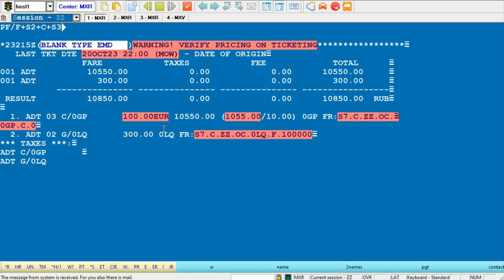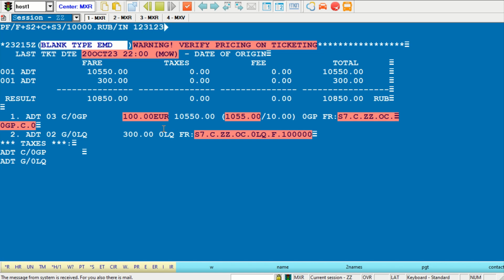Entry will be PF slash service type plus service line plus another service type plus service line slash 10,000 rubles slash code of form of payment, invoice and invoice number.